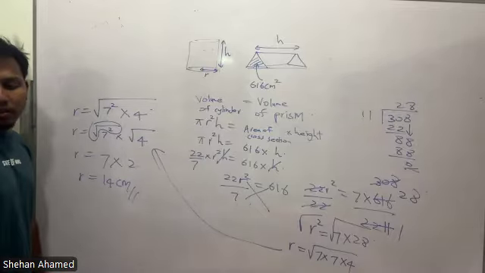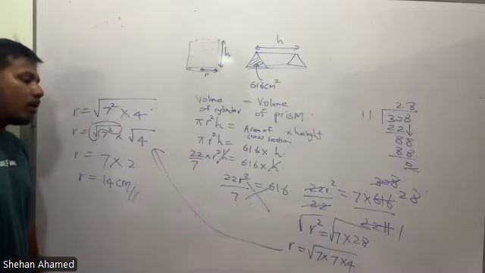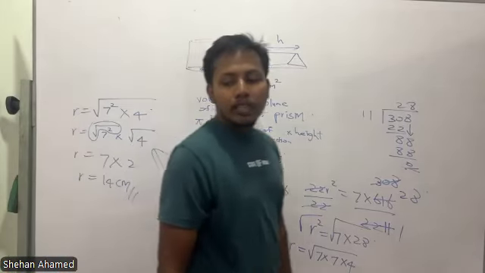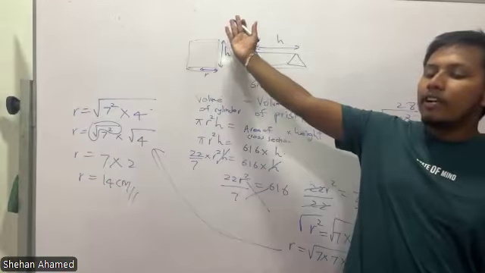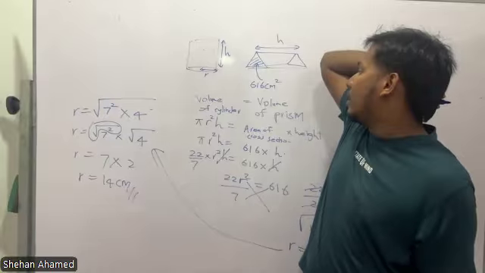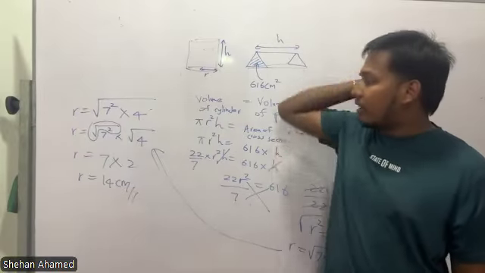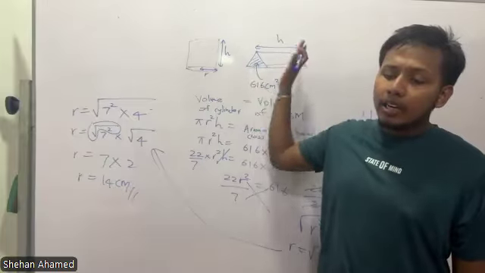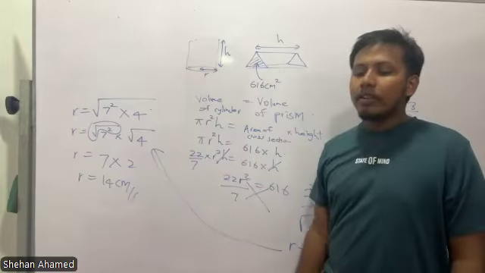This is the question that they are expecting and how you are going to answer it. So what did I do first? I drew the two diagrams. If I didn't draw this diagram, I would never get this equation and I would never answer this question. If you draw this diagram, you can understand the question.